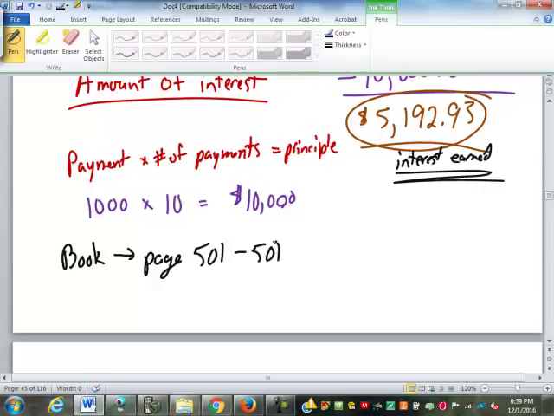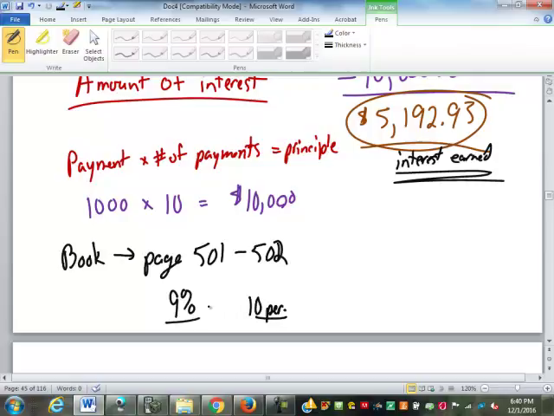In your book, on pages 501 to 502, is a table. I did this problem the way I did specifically so it would fit into the table. We have 9%, and since it's yearly, it is just 9%. And 10 years, so yearly would be 10 periods. The 9% is actually on page 502.